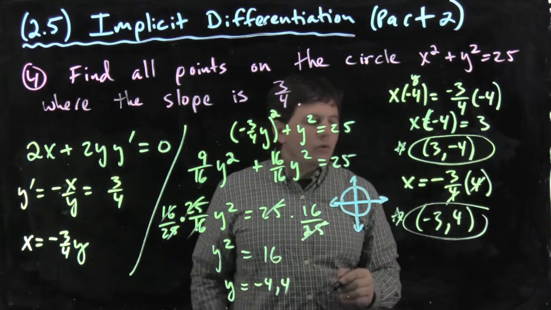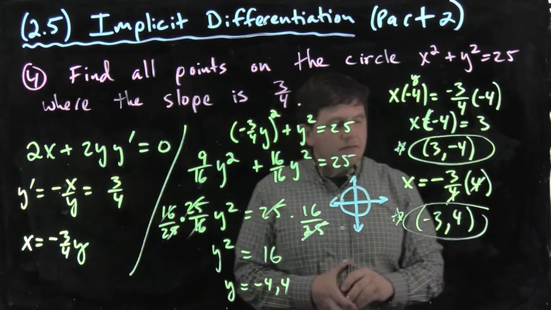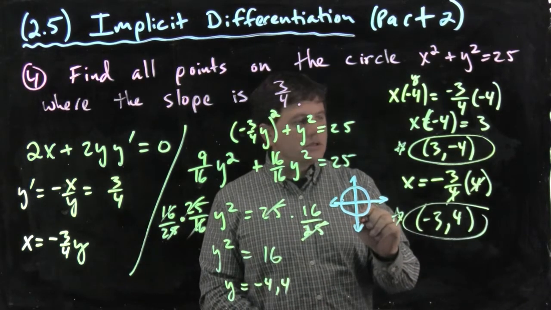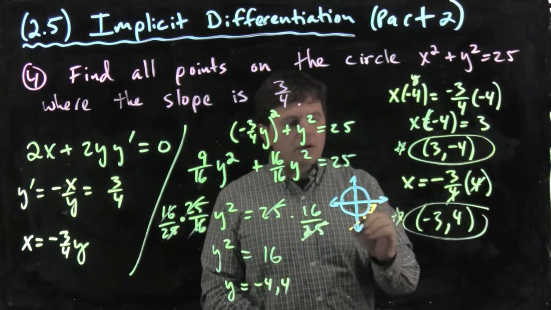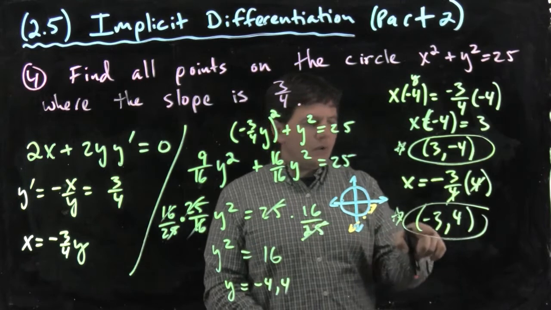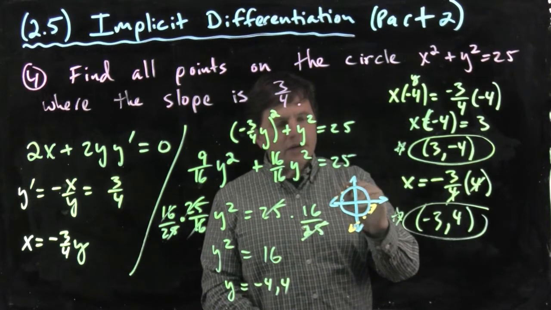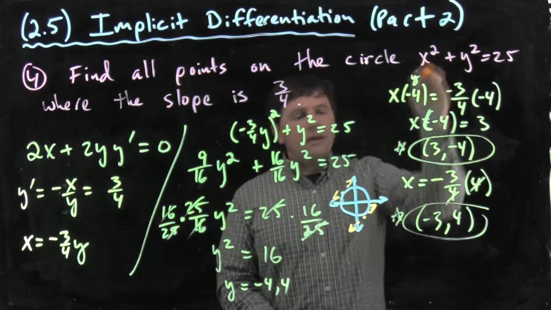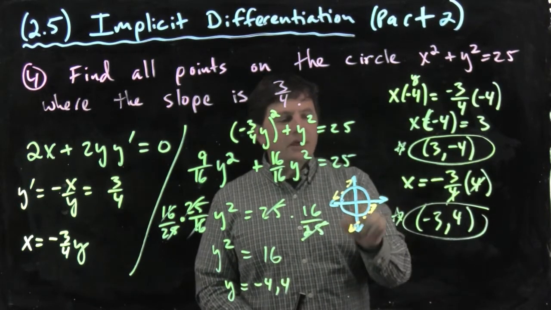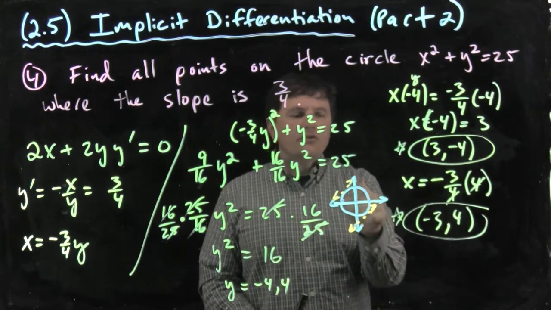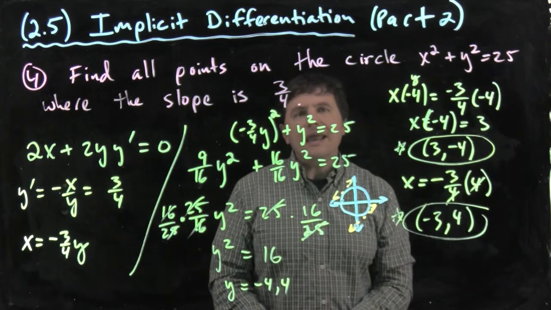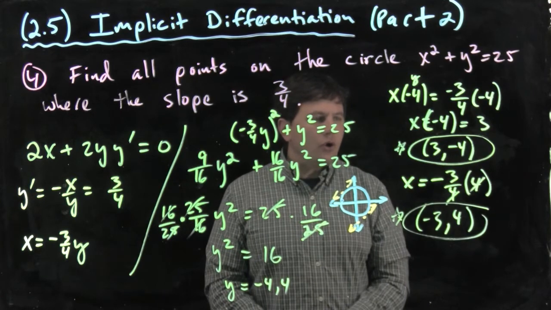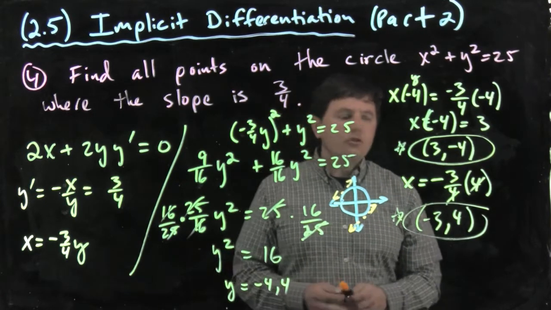So what we're seeing here is that 3, negative 4, which is right in here somewhere, in the fourth quadrant anyways, and then negative 3, 4, which is right in here, and we can see that's positive. I will tell you that if you took these points and plugged it back here, you would also get these points, but you would see, of course, that that's extraneous because that would give us a negative 3/4 slope. So that is it for 2.5.